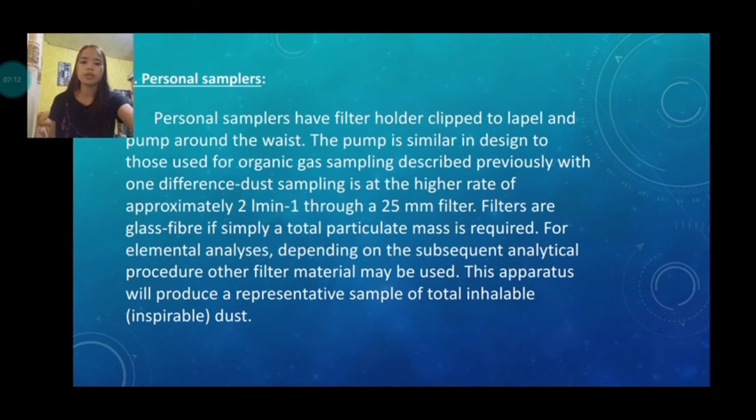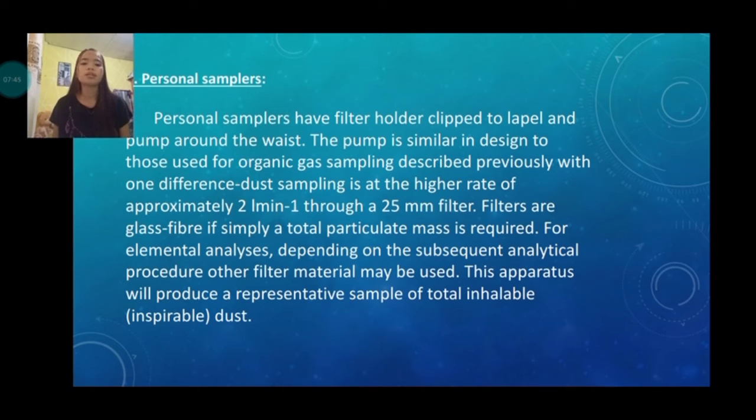Second is personal samplers. Personal samplers have a filter holder clipped to the lapel and a pump around the waist. The pump is similar in design to those used for organic gas sampling described previously, with one difference: sampling is at a higher rate of approximately 2 liters per minute through a 25 millimeter filter. Filters are glass fiber if simply a total particulate mass is required.